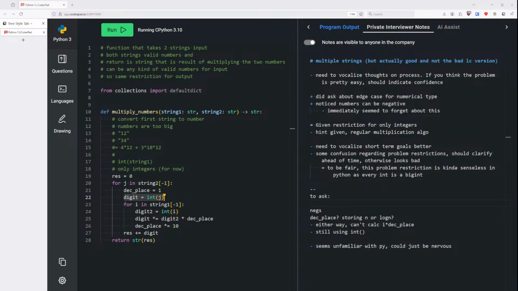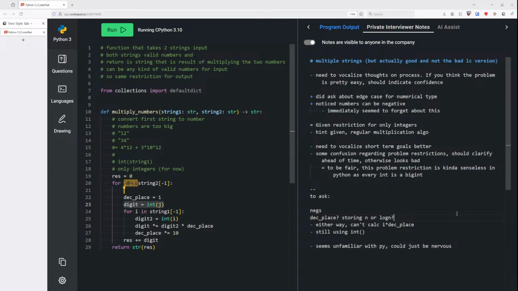So if these are properly formatted, like the inputs are valid, then we would want to consider wherever string 2 or string 1, wherever their first index is, we would want to make sure to check if those are the negative sign.